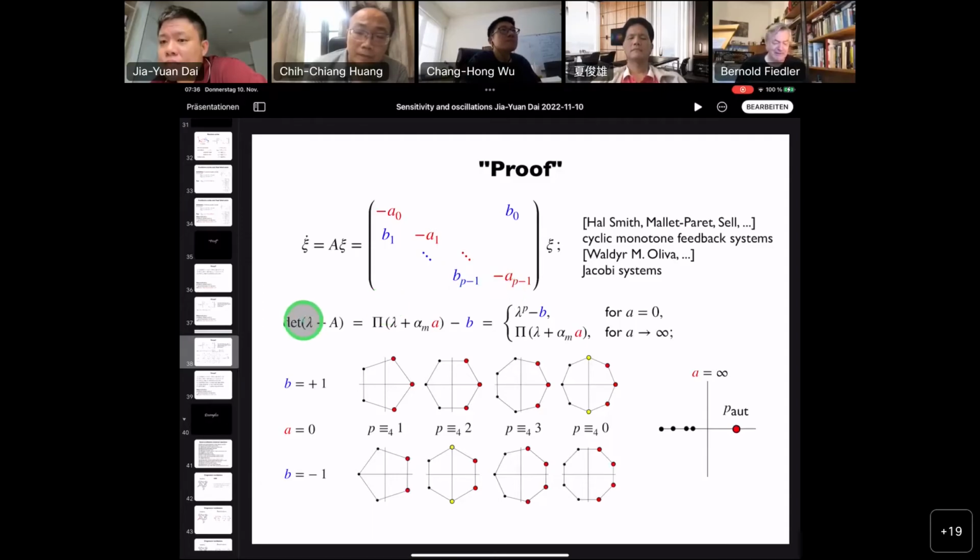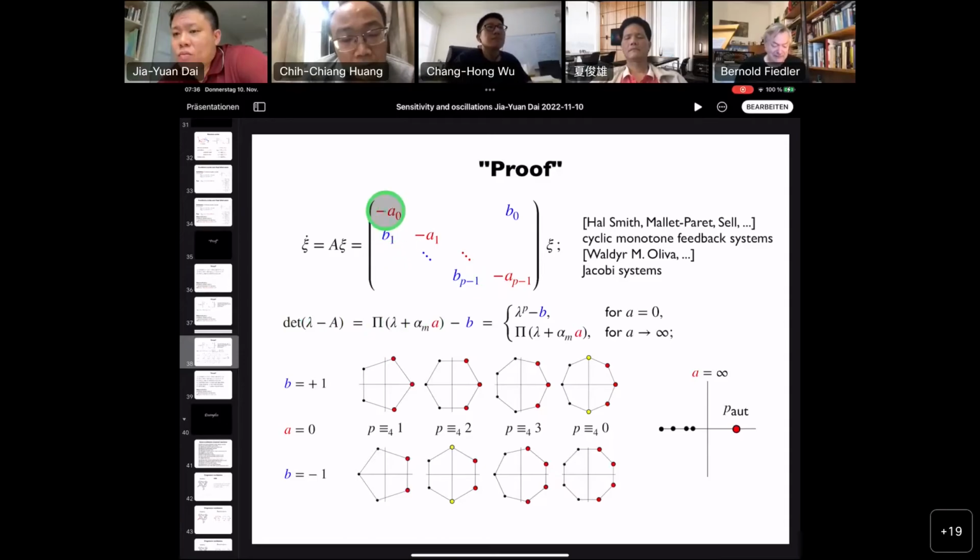Okay, what's the characteristic polynomial? It's very easy. It is the product of the lambda plus the a's, but the a's have been scaled. I pull out a scale factor here to get my parameter. And this is what I choose as a parameter.